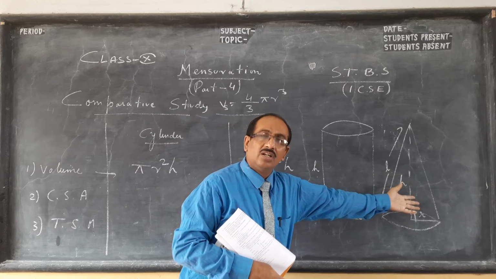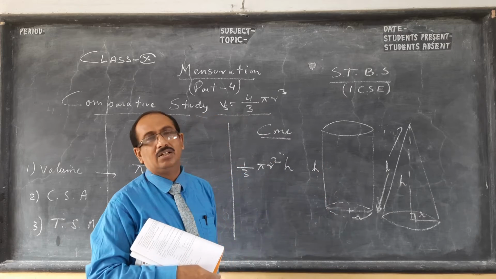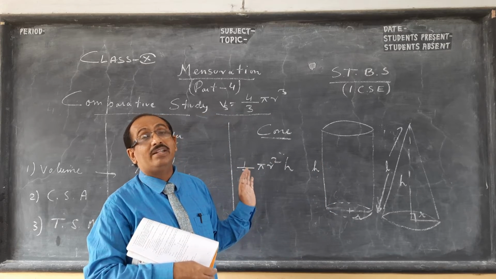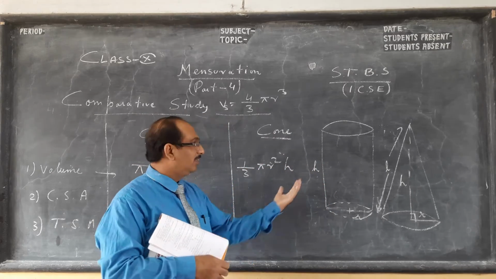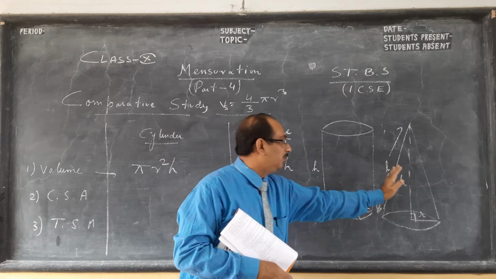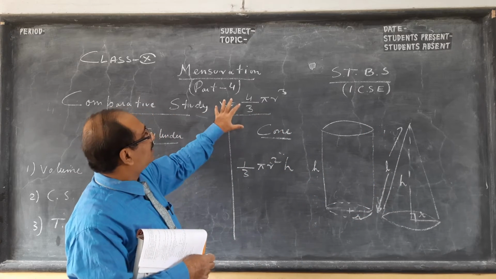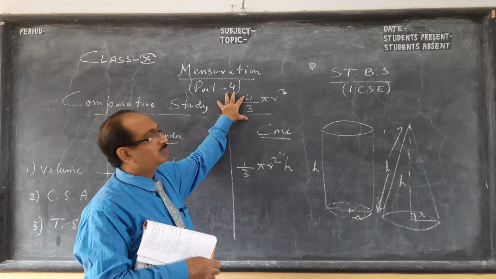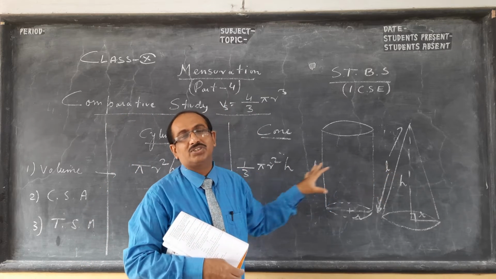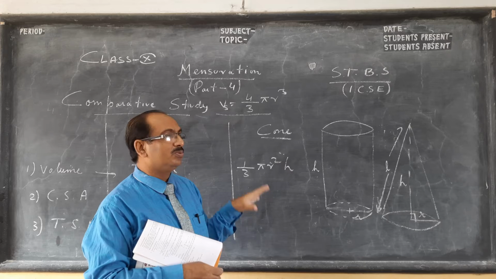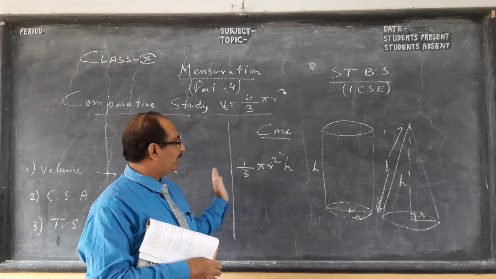You can melt a number of cones to get a cylinder. So that is called melting and recasting. You melt it and recast, make it into a new figure. So once sphere is out, most of the ICSE questions are out. Anyway, I'll try to see how we can manage with those.